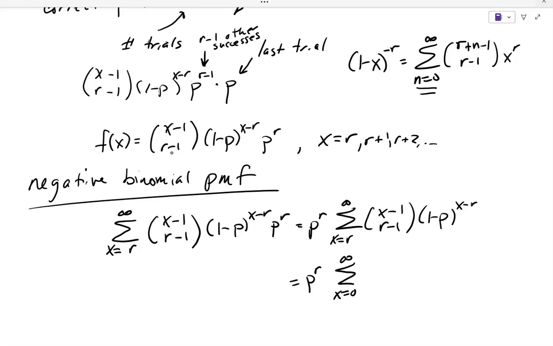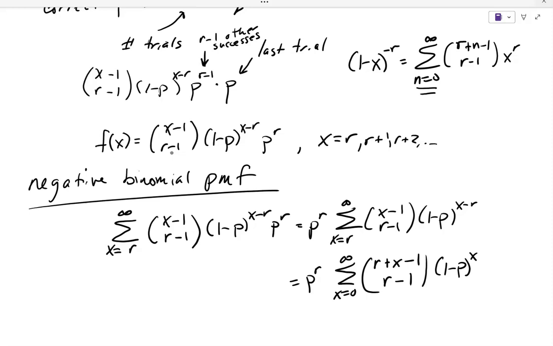So I want to start my index down r. What do I have to do on the inside? Add r everywhere, right? So then I get r plus x minus 1, choose r minus 1. When I add r in here, notice I just get 1 minus p to the x when we reindex, right? If I'm going to start my index r units lower, I've got to up my x's by r units to keep everything equal. I got to balance it, don't I?